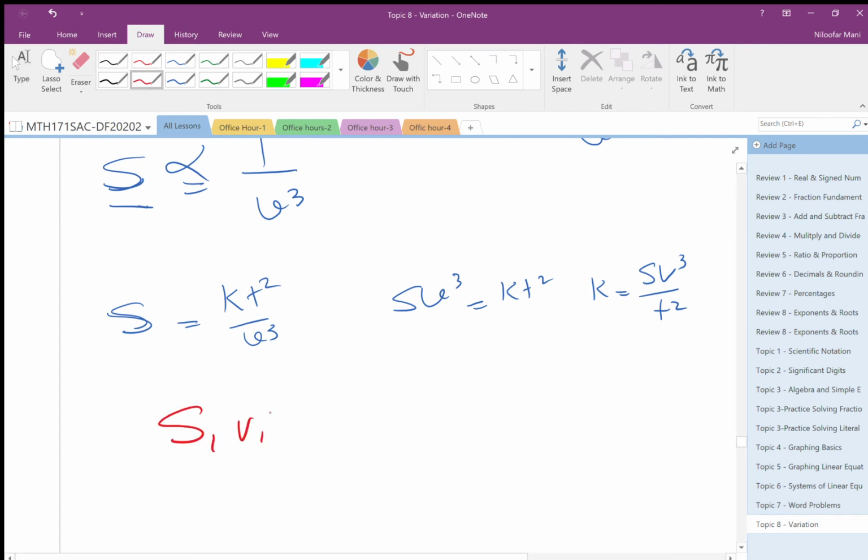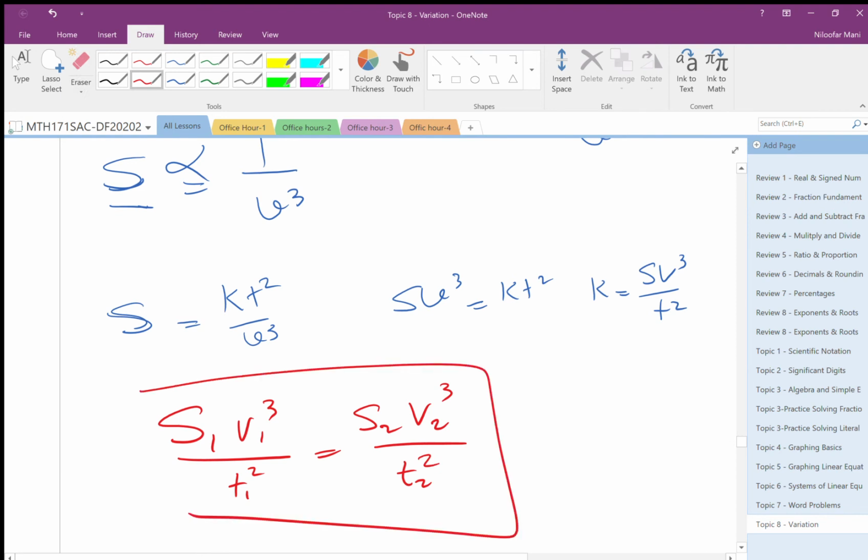S1 V1 cubed over T1 squared is S2 V2 cubed over T2 squared. See? Very good. Now I can write two situations. Then if I have one situation, I don't need to go far away and find k and then use k to find the other unknown that I have.